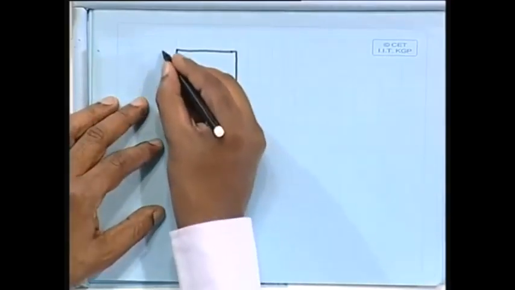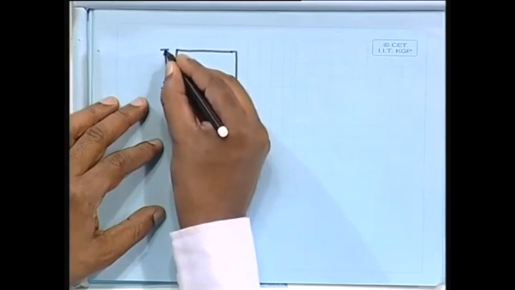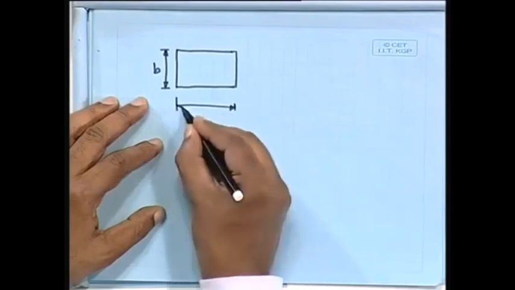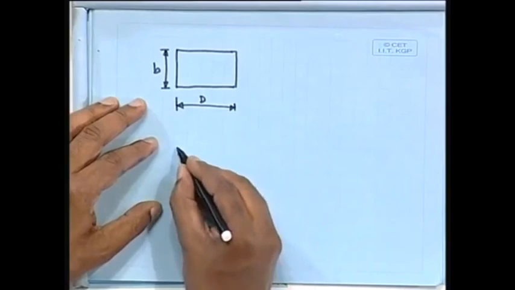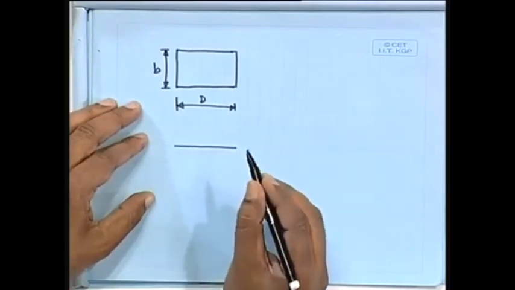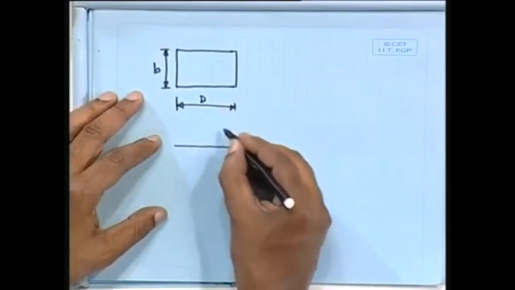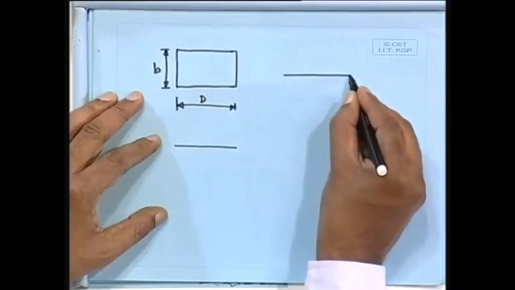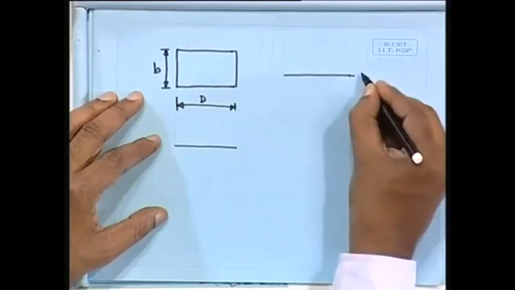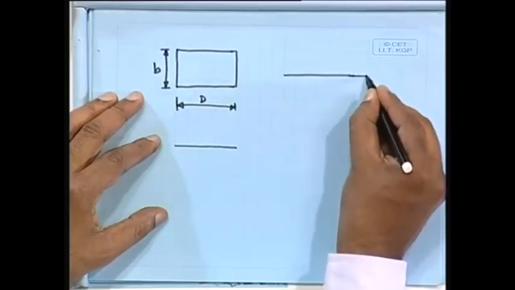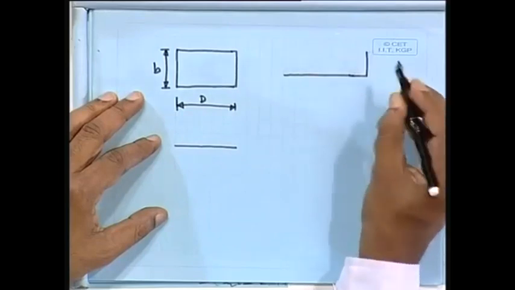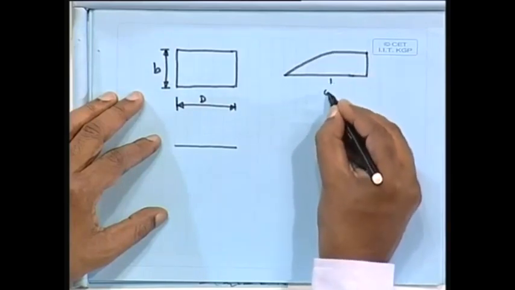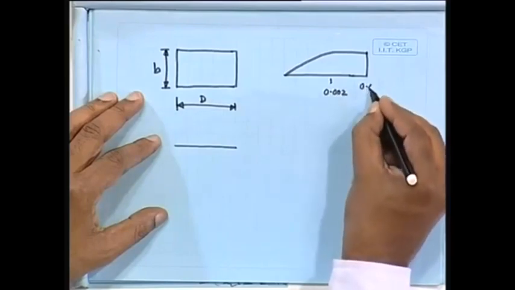So this is your B, D. I have told that somewhere, if we draw the diagram, we have 0.002 and 0.0035.